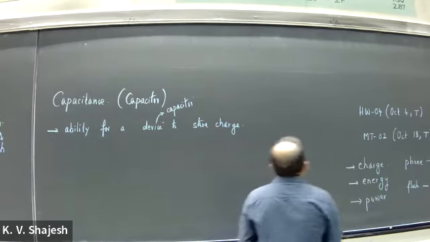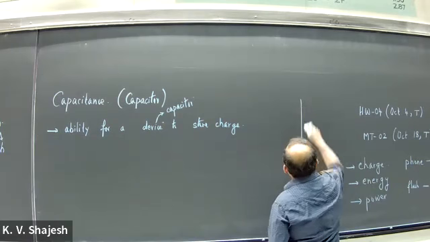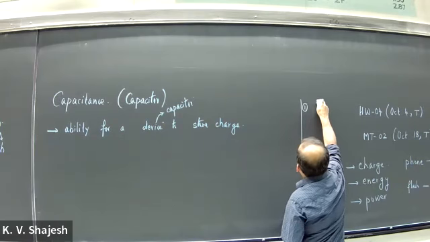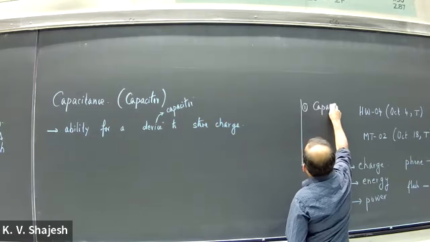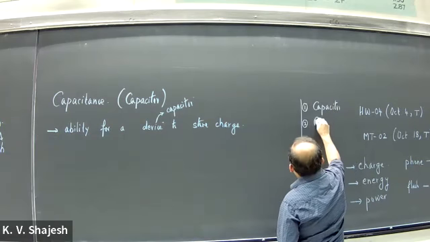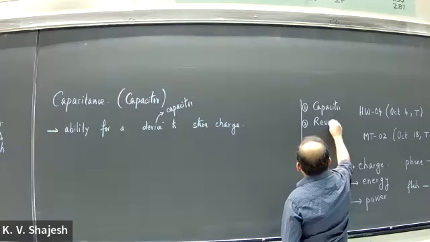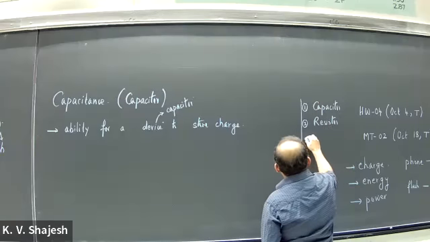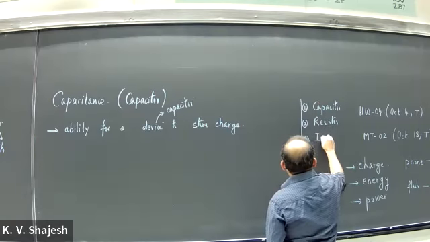So the 3 devices we will talk about: first one will be the capacitor. Second one will be the resistor. And the third one will be the inductor.